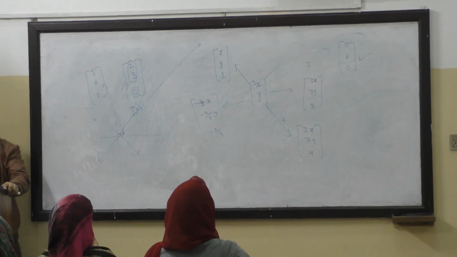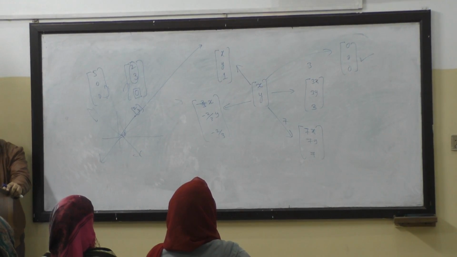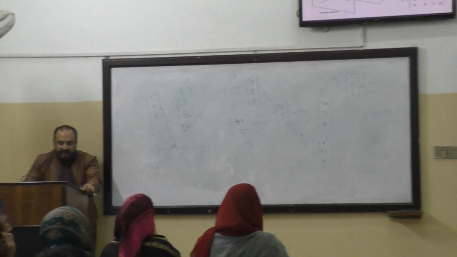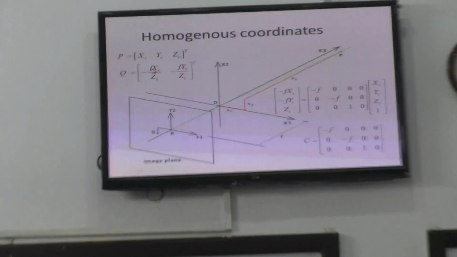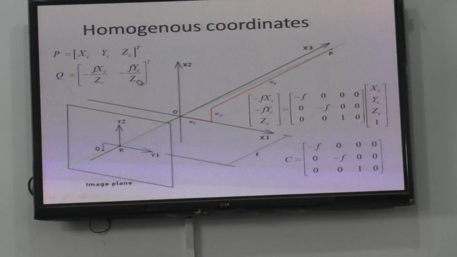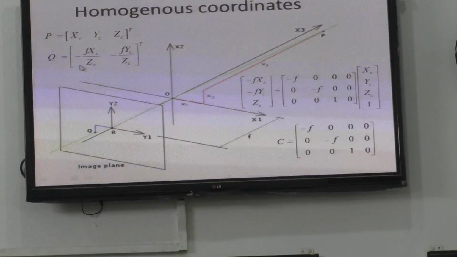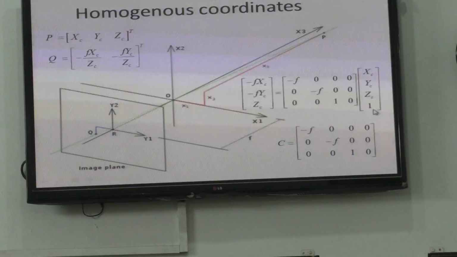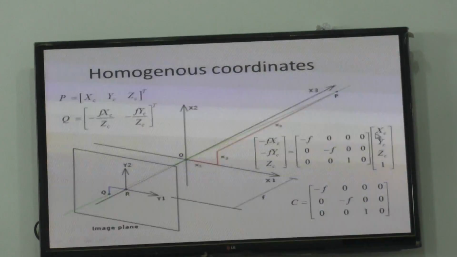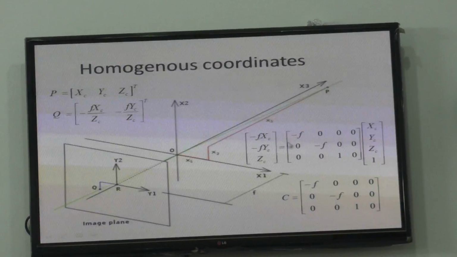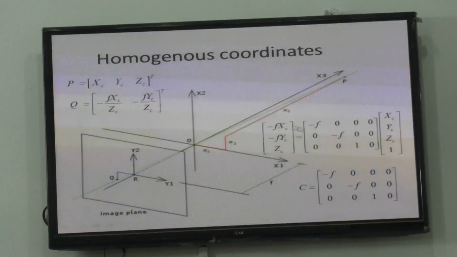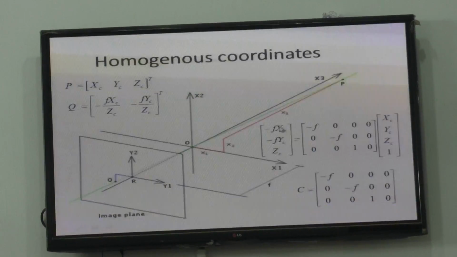Anyways, the imaging device has to do the following. It is given this point XC, YC, and ZC. And it is also given F, the focal length, and it has to generate these points. That is a valid imaging process. Now you can see if I convert this point to homogeneous coordinates and multiply it with the following matrix that I have constructed, the result will be this.